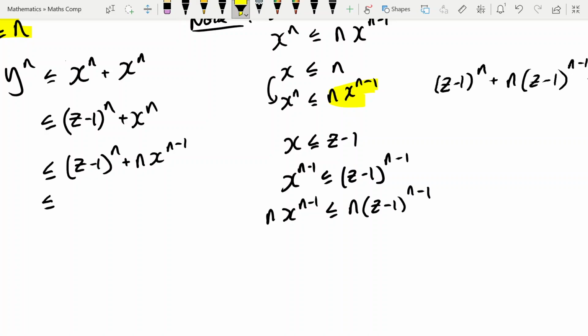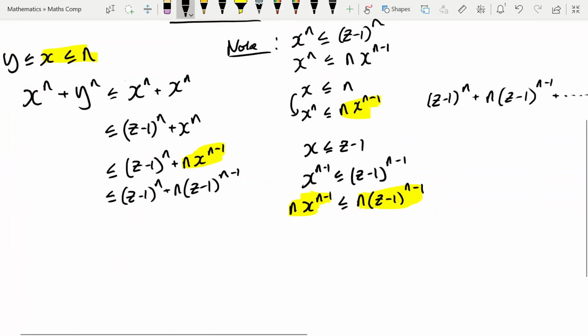So we now know this term here, which is the same as this term here, is less than this term here. So we can replace this. And now we've got this new inequality.